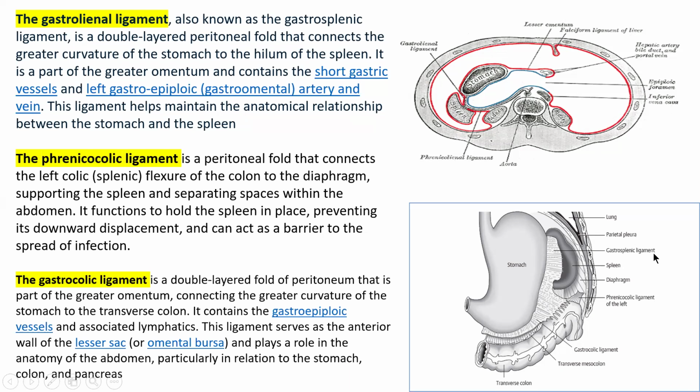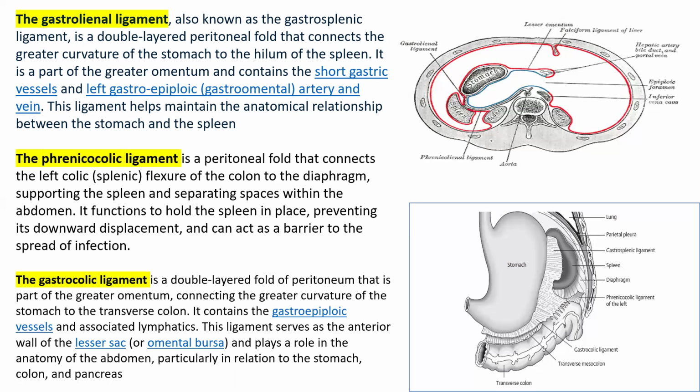It is a part of the greater omentum and contains the short gastric vessels and the left gastroepiploic artery and vein.